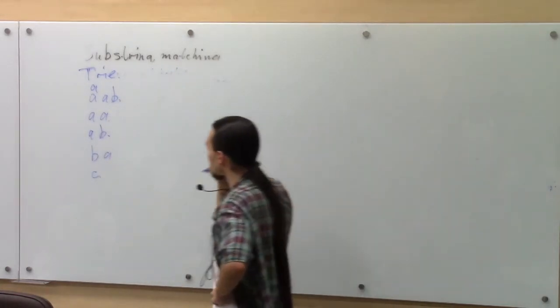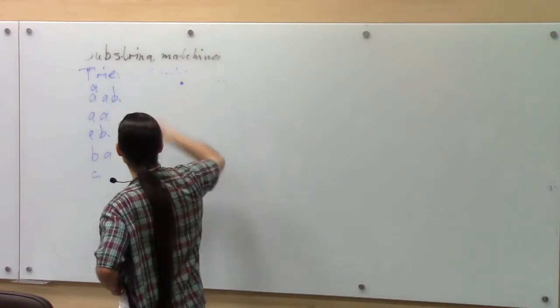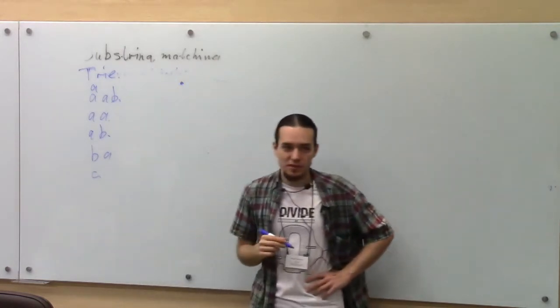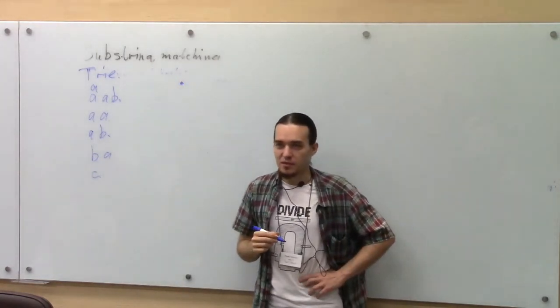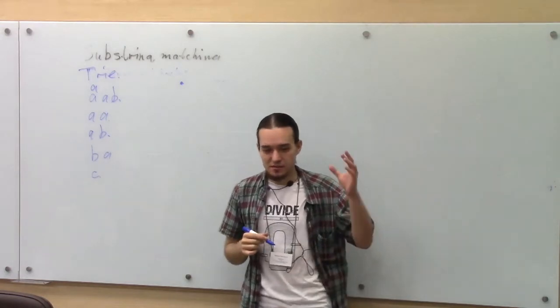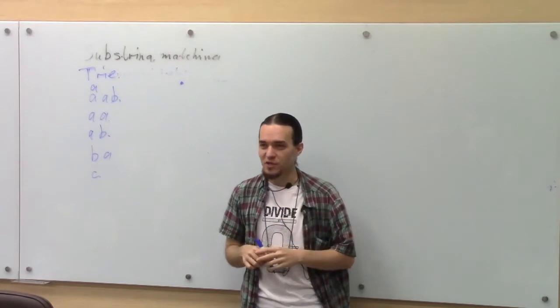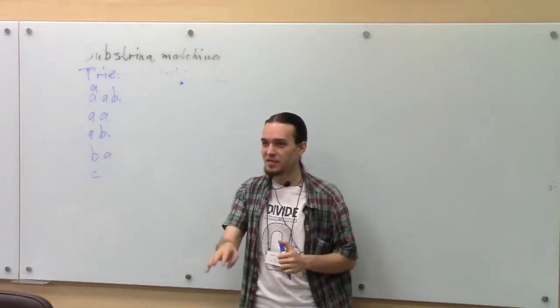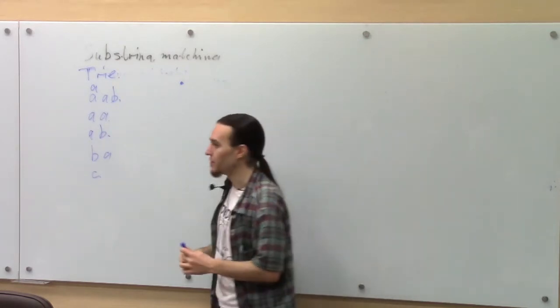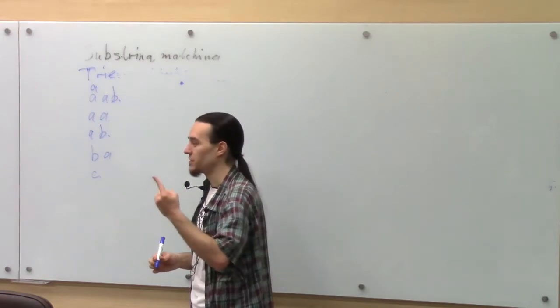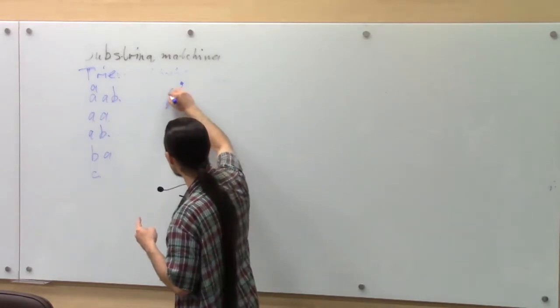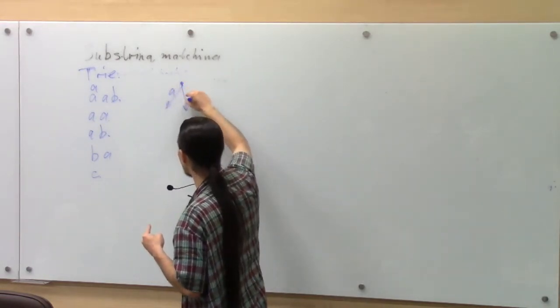So what we want to do now is we want to construct a tree so that basically the nodes of the tree are junctions, and from each junction you have several pointers. Like if you want the first letter to be A, you go here. If you want the first letter to be B, you go here.